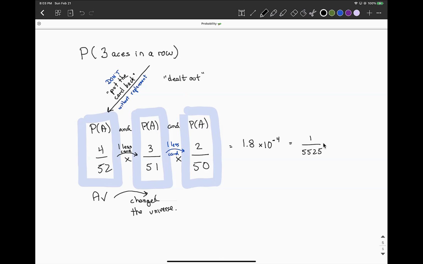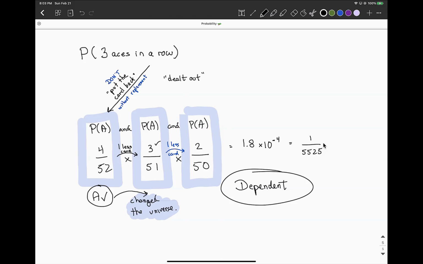Now, we always assume you're successful. If we're going for aces, we always assume you get the ace, so the countdown occurs. We're trying to find the chance of being successful. But there was a modification in the universe. Each event depended on what happened before. And this style of multiplication we call dependent.